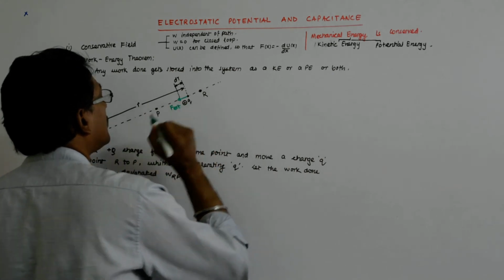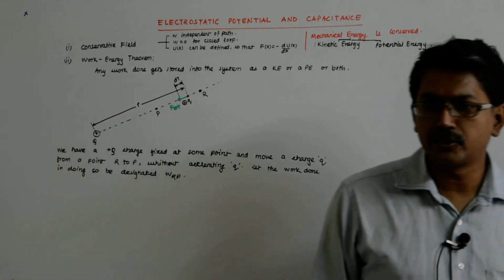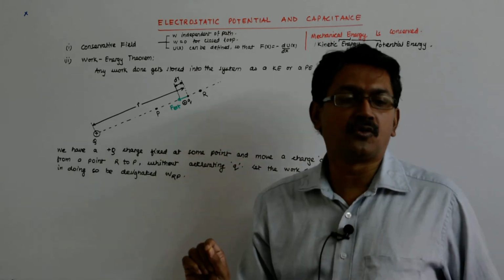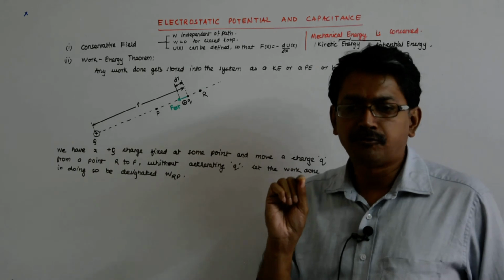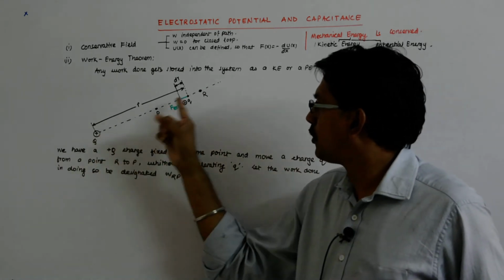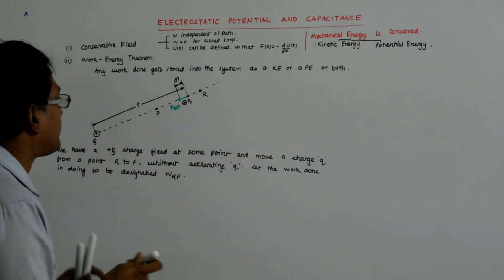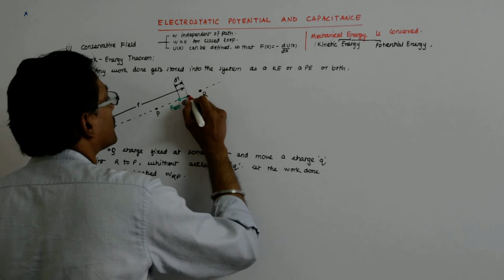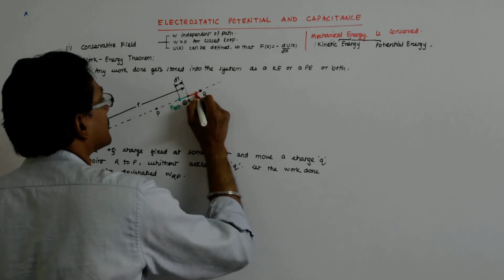Why do I call it so? This is the external force that is applied on the charge small q so as to just overcome the force due to q on it. The force due to plus q on this is a repulsive force.